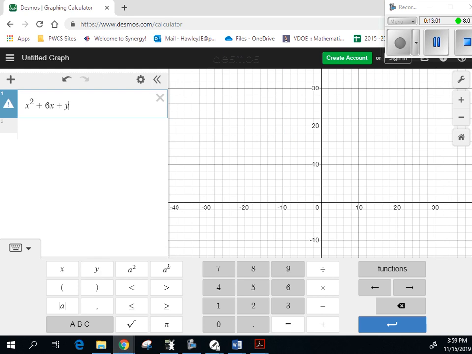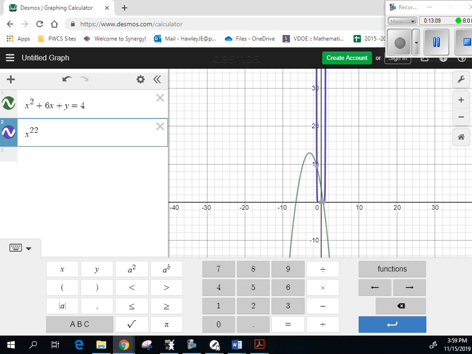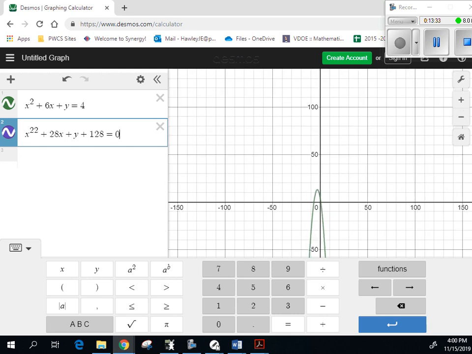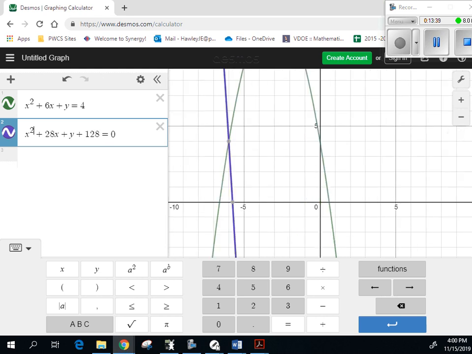The other one is x squared plus 28x plus y plus 128 is equal to 0. Oh, jeez. Can't put a 22 there if it's a 2. Just like advice. Okay. And what you see is my intersection, and there it is. A single intersection at -6.